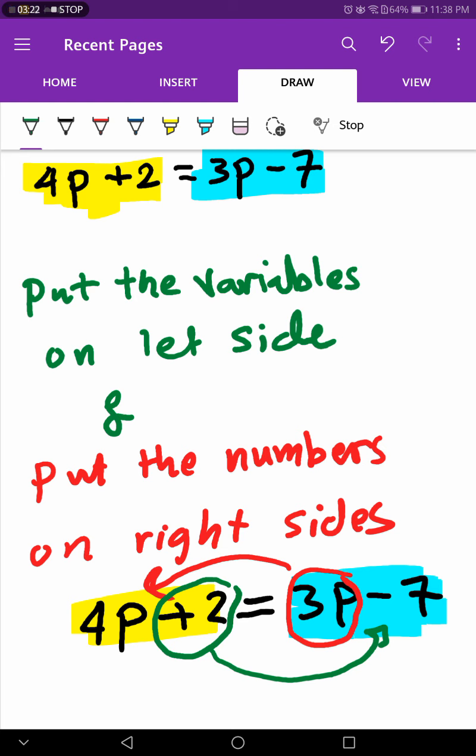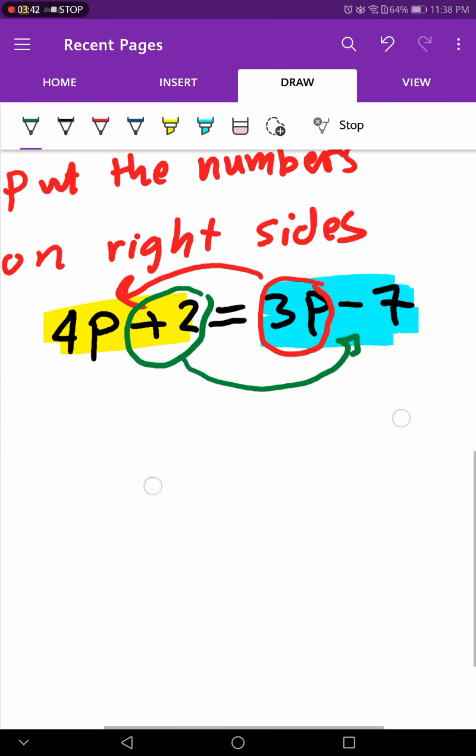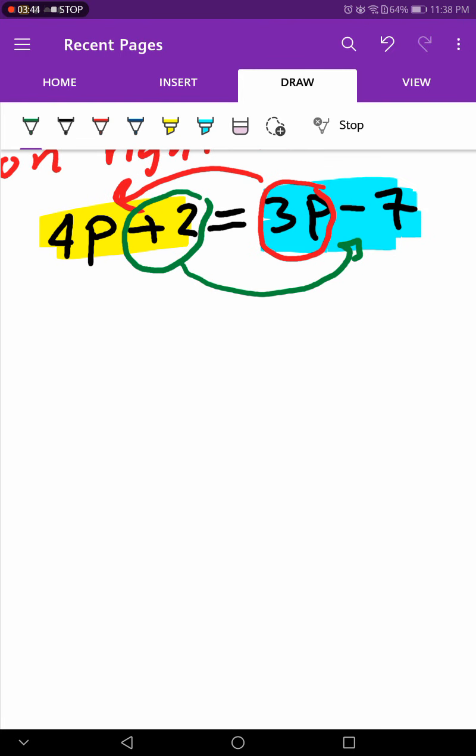Now you avoid all the confusion about which terms to put on the left and which on the right. And we know what happens to the terms that transport.